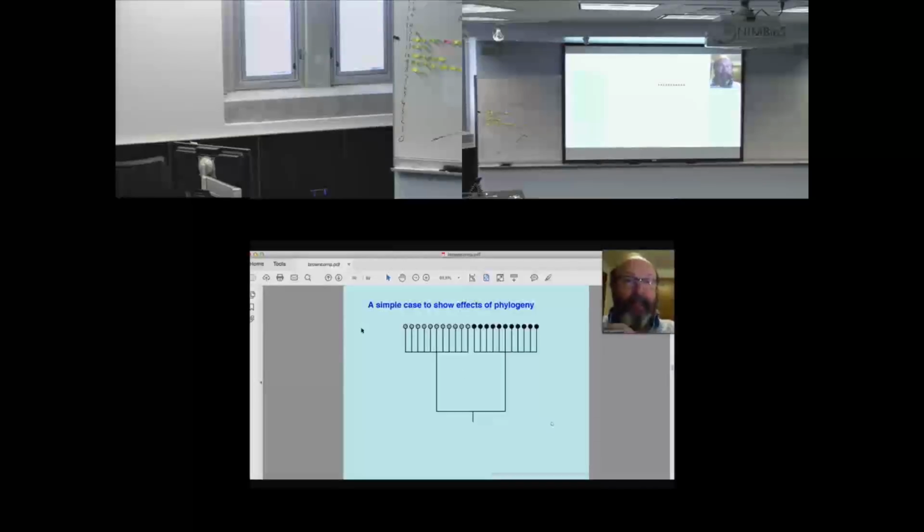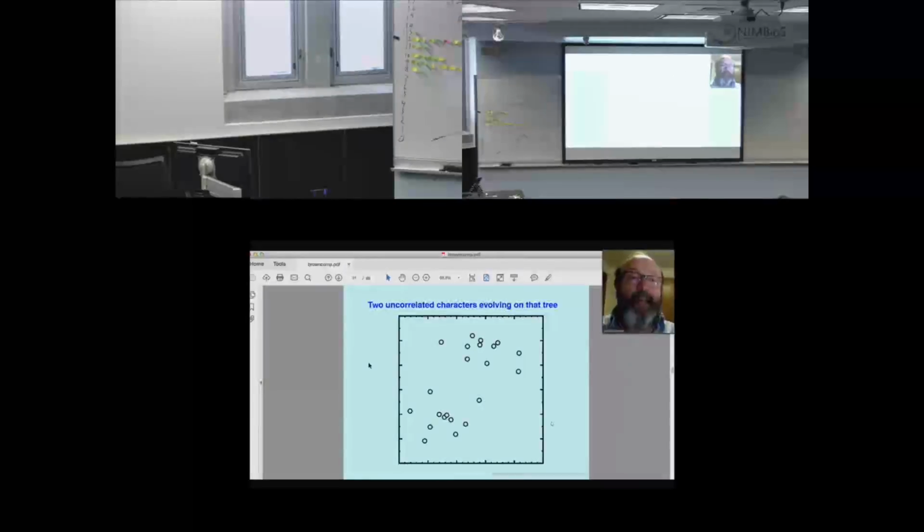And let's imagine evolving two characters that are completely independent of each other in all respects up this phylogeny. And so really all we need to do is take the values for the first character and change them by Brownian motion on this tree, and then do the same for the second character totally independently. And when we do that, we get 22 species out, and if we plot the two characters against each other, the scale here doesn't matter, it's arbitrary.